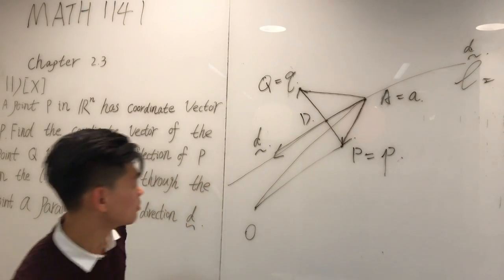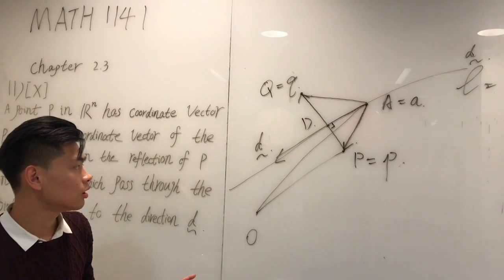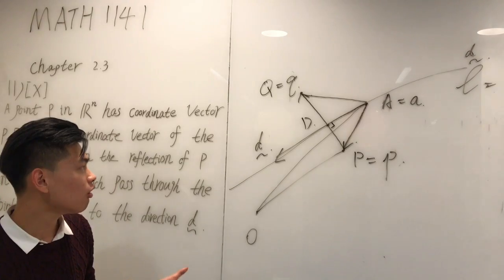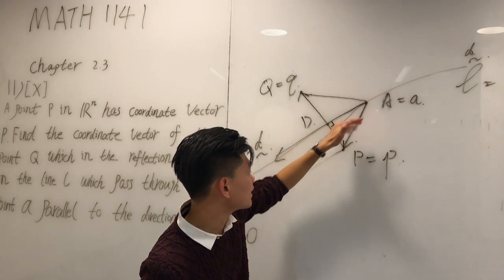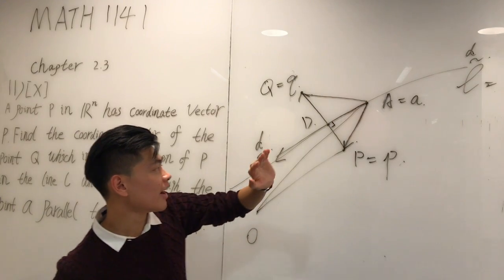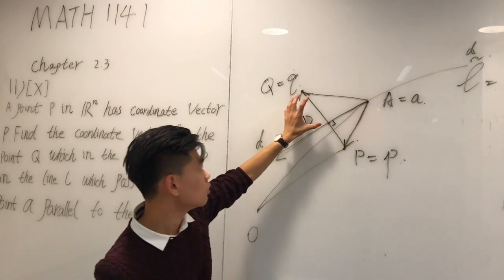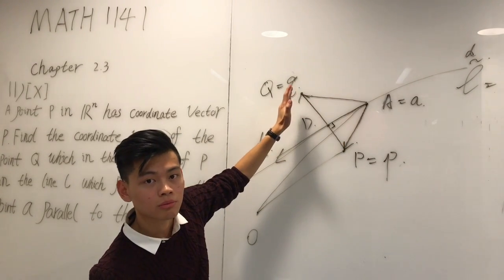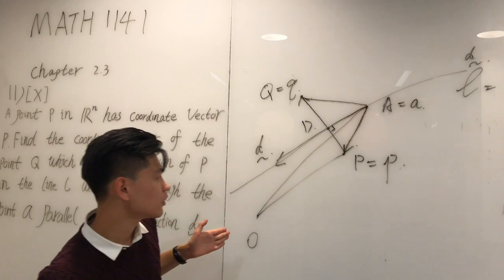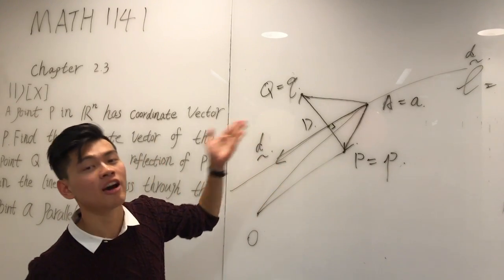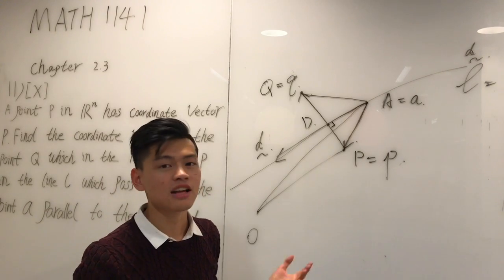Look at this, don't forget this is a right angle. Yes, of course we can. How? We can use the projection. Project AP on the direction of D, and we can find the PD. Then we double the PD, and we find the PQ. Then the final step: we just join up the OP and the PQ, and we find the position of Q. So basically this is our strategy.